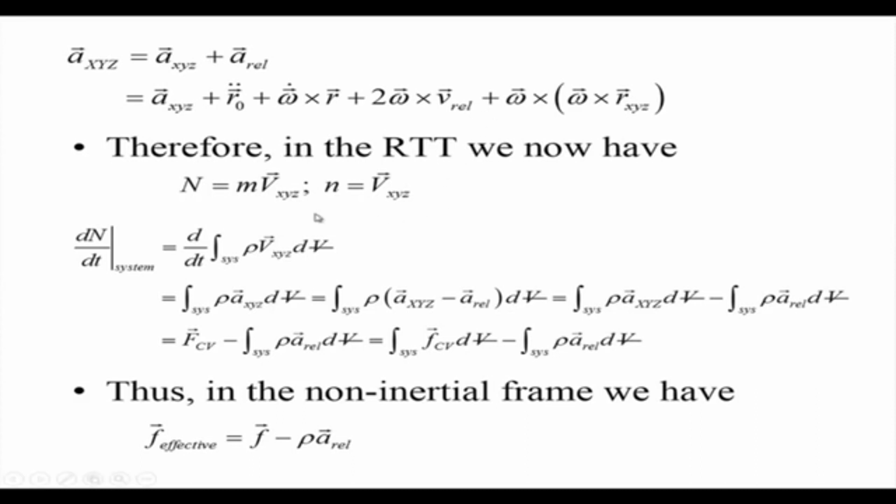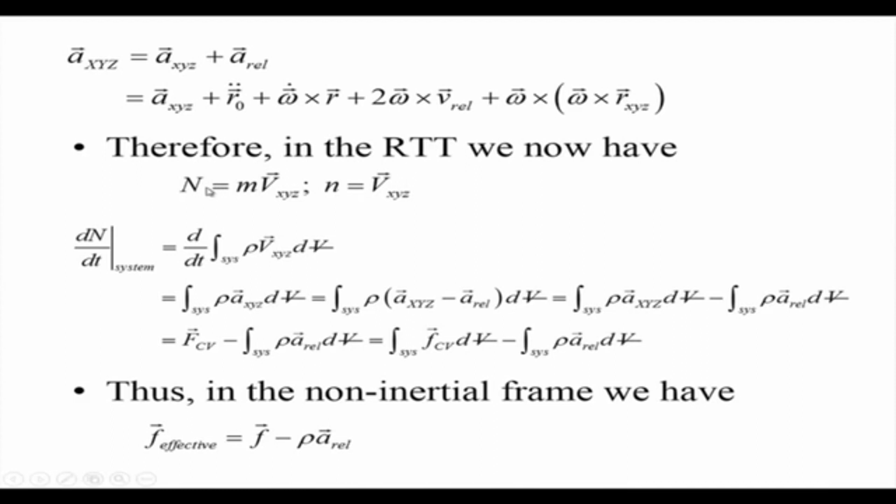So if you write dN dt, where N is m into v small xyz, the small n parameter is capital N per unit mass, which is v with respect to small xyz. So dN dt is d dt of the system, and n is rho into v small xyz.